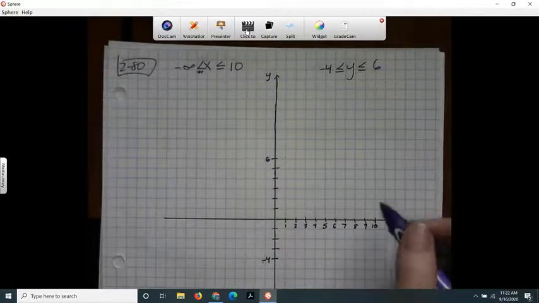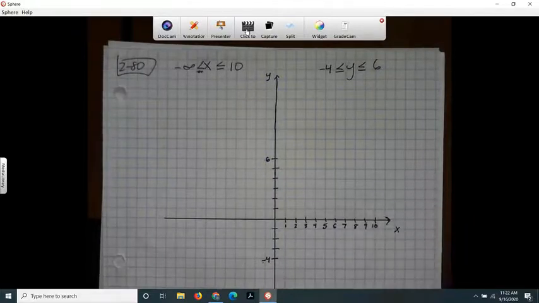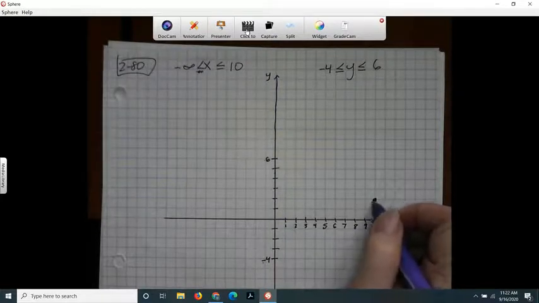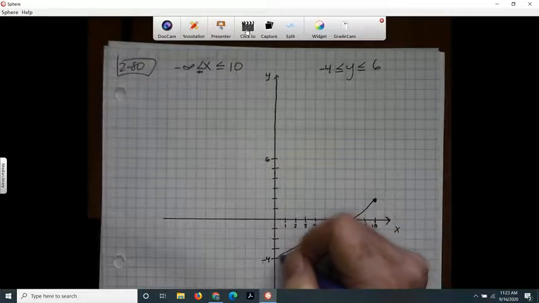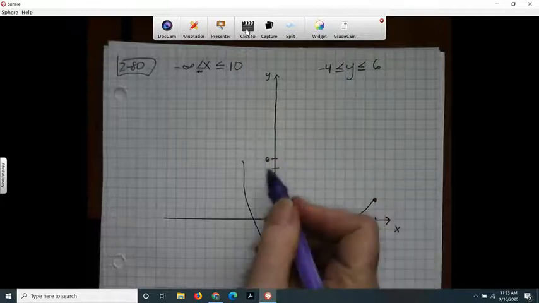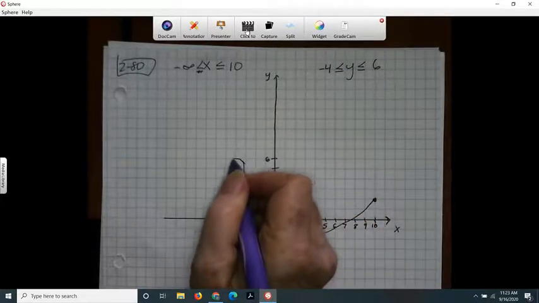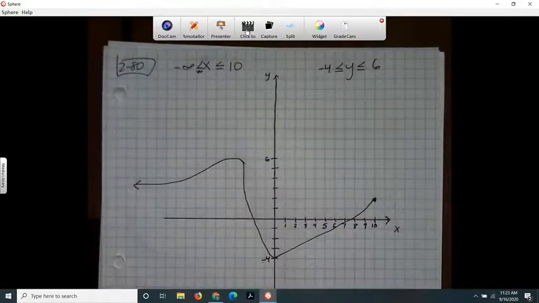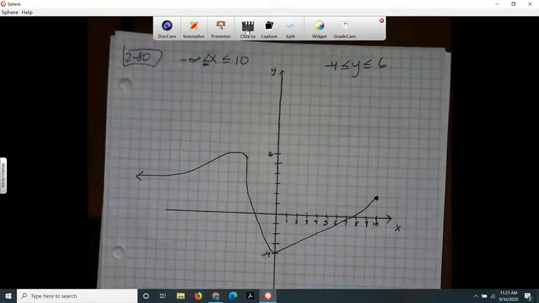So I think I'm going to just put a dot somewhere, like maybe right here. And then maybe I'll let it go down to negative 4, and then it needs to go up at least as high as 6. And then it's just going to go off into infinity. So that would be okay for a graph.